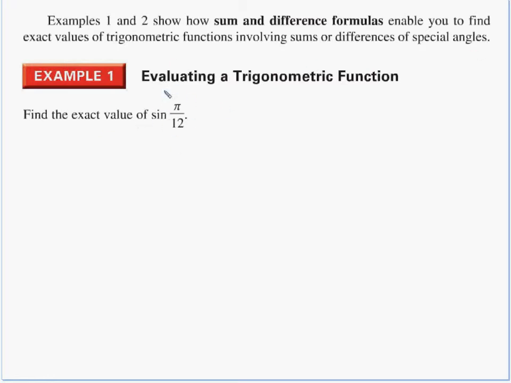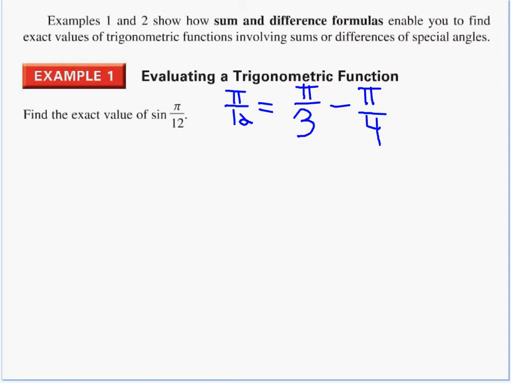Again, pi over 12 is not a friendly angle on the unit circle, but we could rewrite pi over 12 as pi over 3 minus pi over 4. Pi over 12 is not on the unit circle, but pi over 3 is, and pi over 4 is.